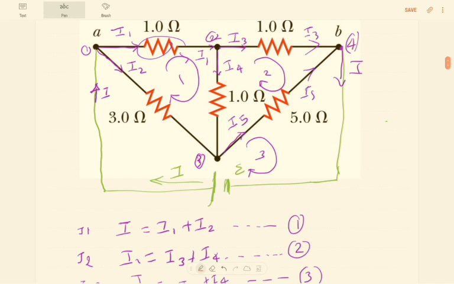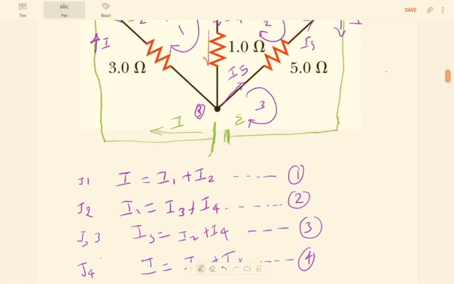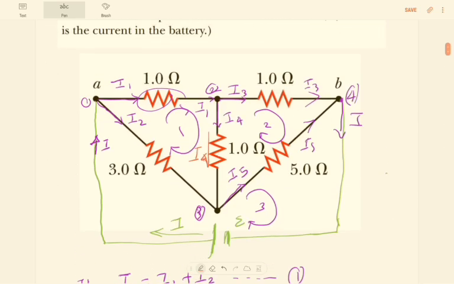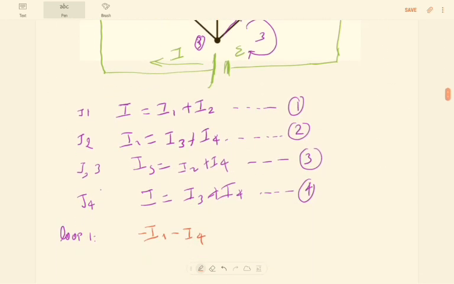And when you come this way, the current and the direction of the loop are the same at the 1 ohm resistor, so you will also have minus I4 because the current in this branch is I4. Finally, the current is this way, but the direction of the loop is opposite to the direction of the current at the 3 ohm resistor, so you will have a positive potential drop. So this is plus 3I2, the voltage drop at the 3 ohm resistor. This should give us what? The error.